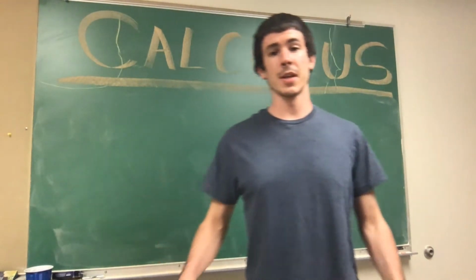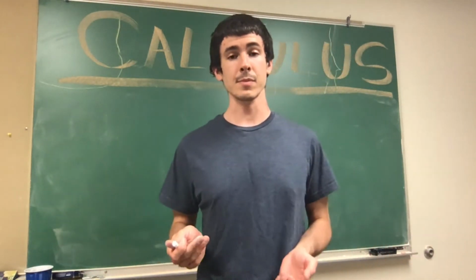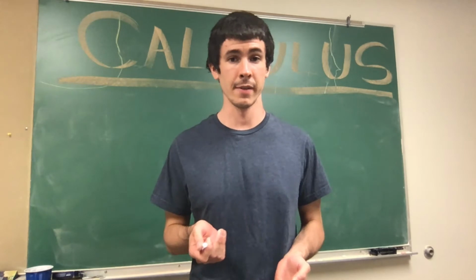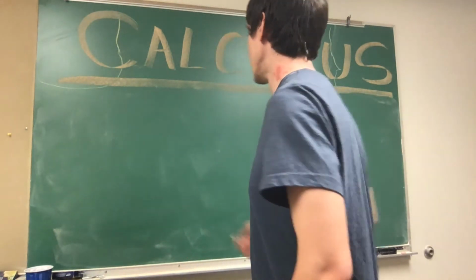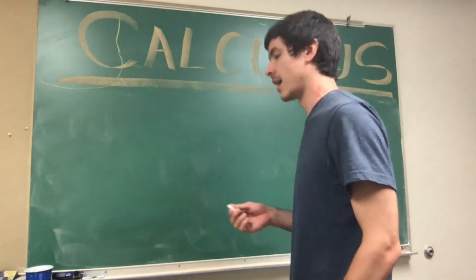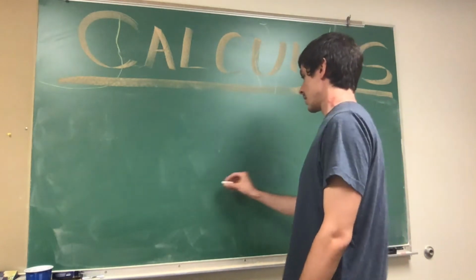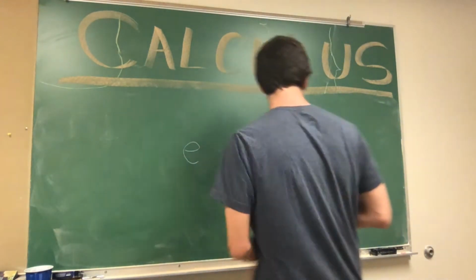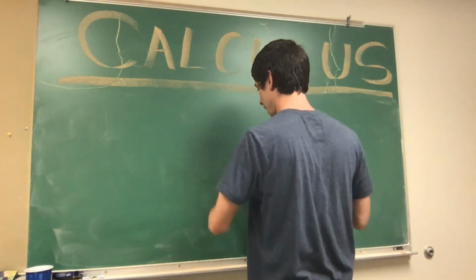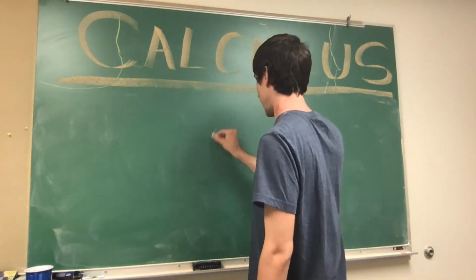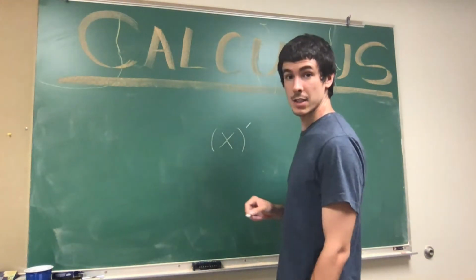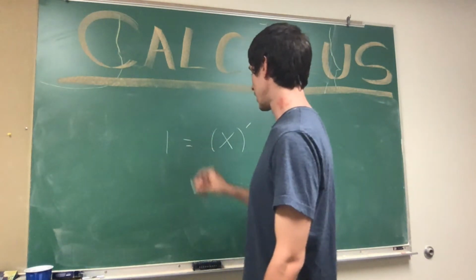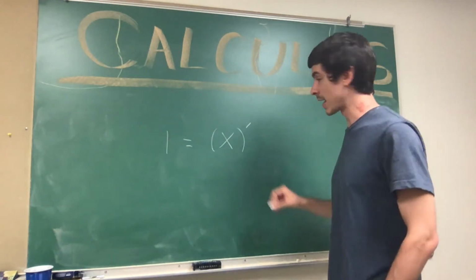So let's use the chain rule to find the derivative of the natural log function. So this is sort of interesting. Let's first say the derivative of just x is 1. So 1 is just the plain old derivative of x.